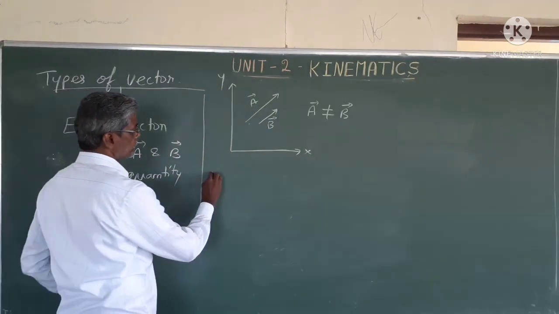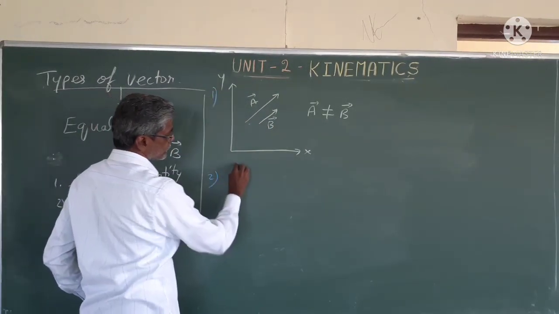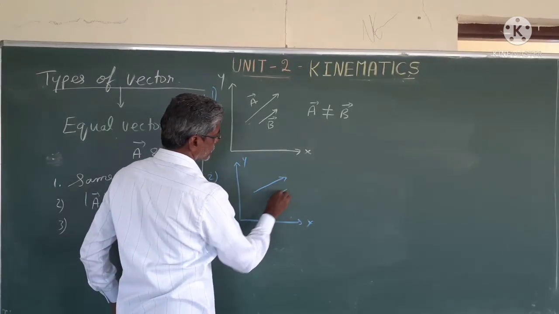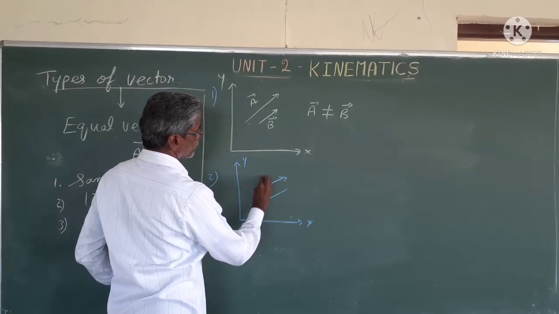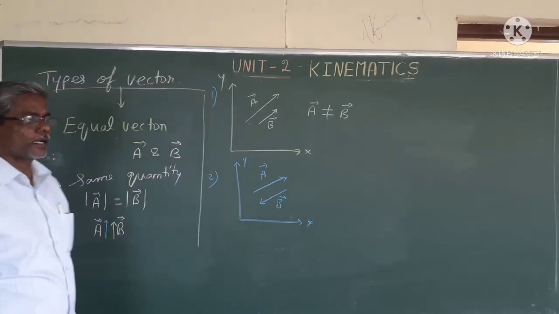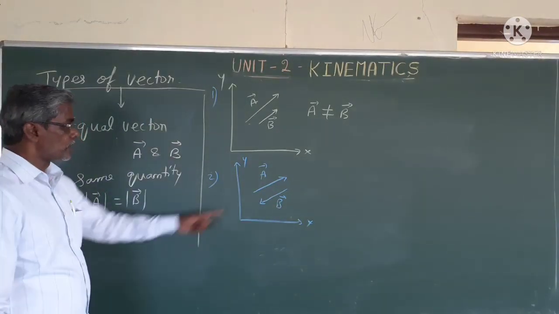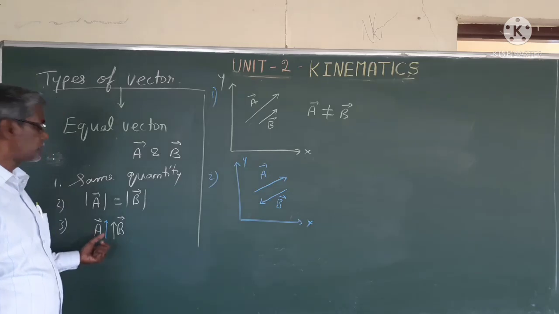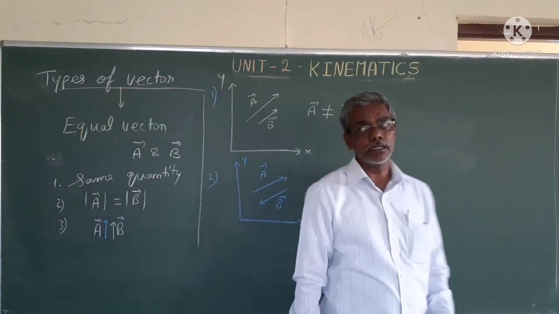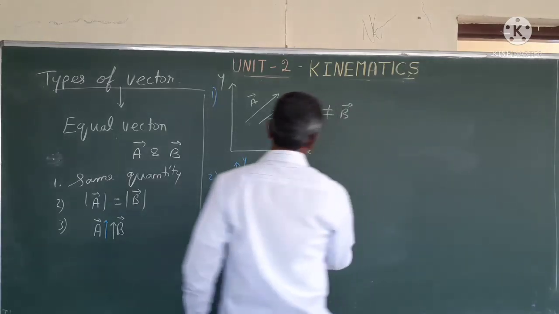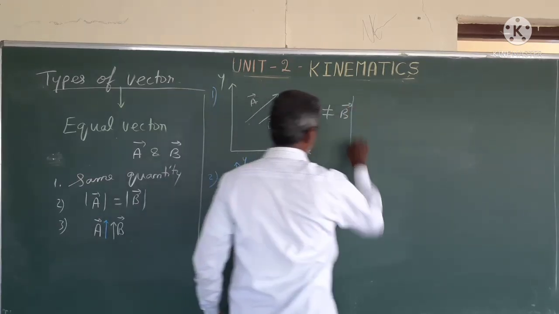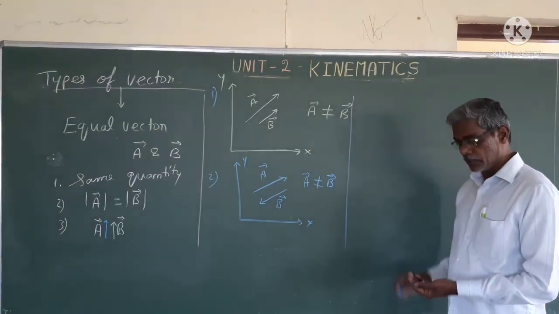Next example. Same magnitude, same quantity, and see the third rule, they are not in the same direction, they are in opposite directions. So these two vectors are also not equal.